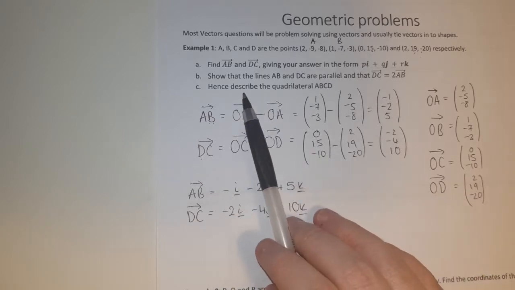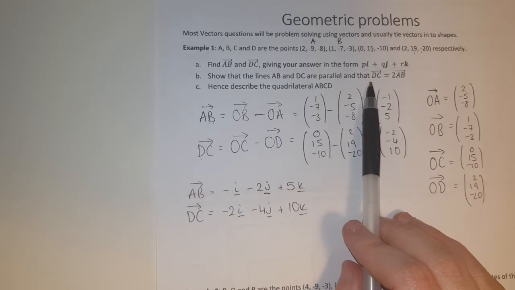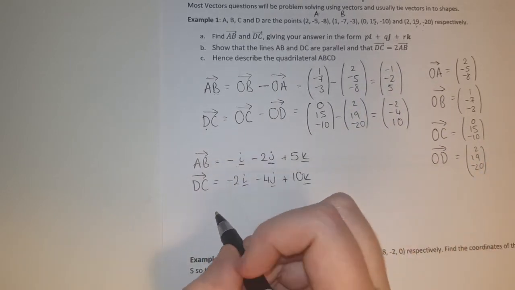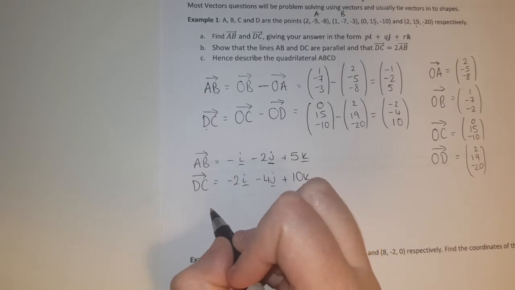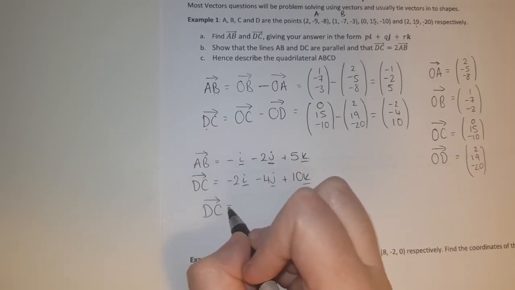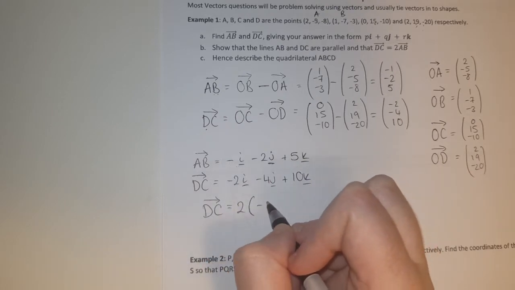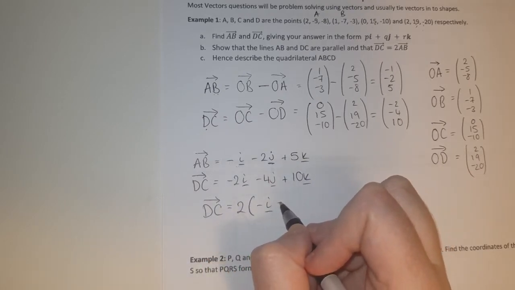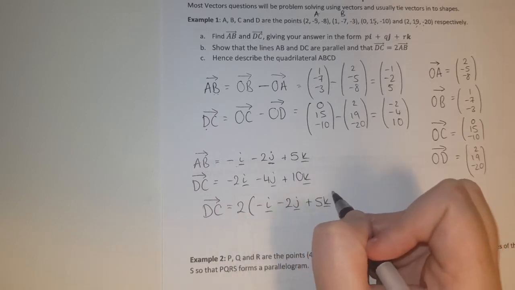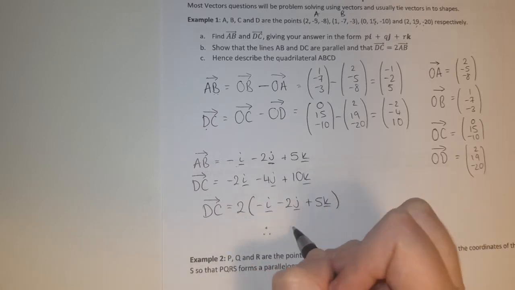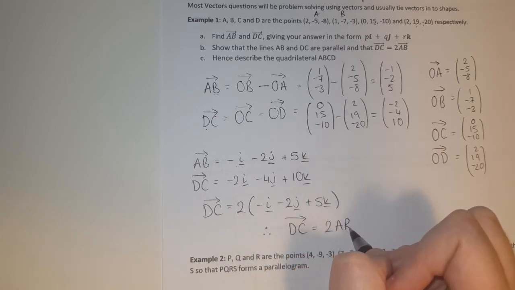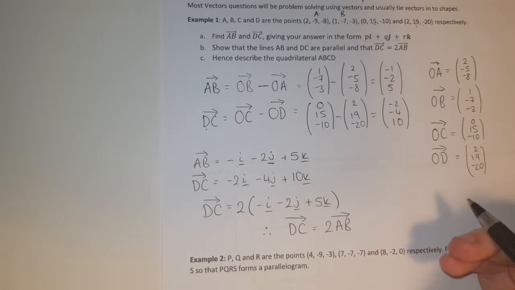And then it says, show that lines AB and DC are parallel and that DC is equal to 2 lots of AB. So what we can say is DC is 2 lots of -i -2j +5k. Therefore, DC is equal to 2 lots of AB.